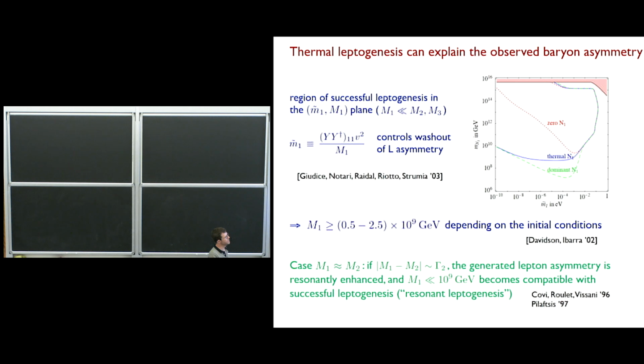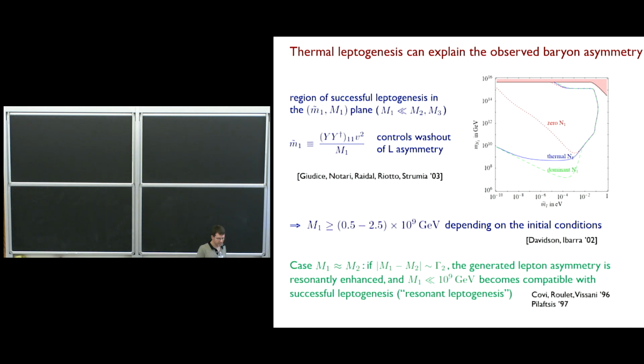I didn't say that in the vertical axis, this is the sterile neutrino mass. So for leptogenesis to work, you need the lightest one to be heavier than roughly 10 to the 9 GeV.